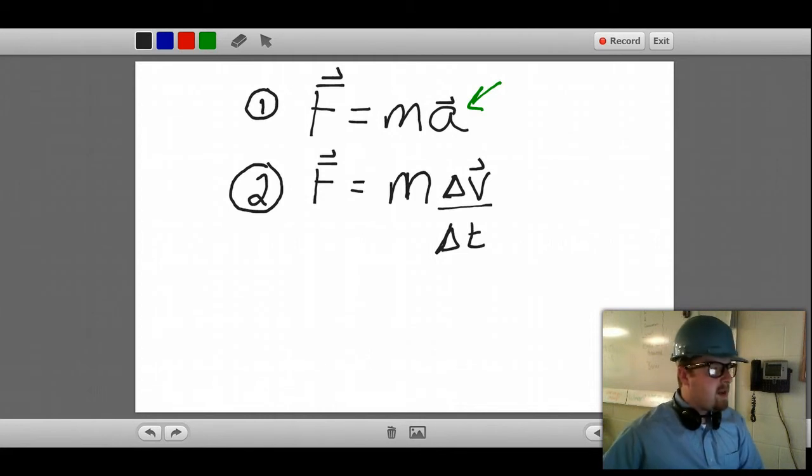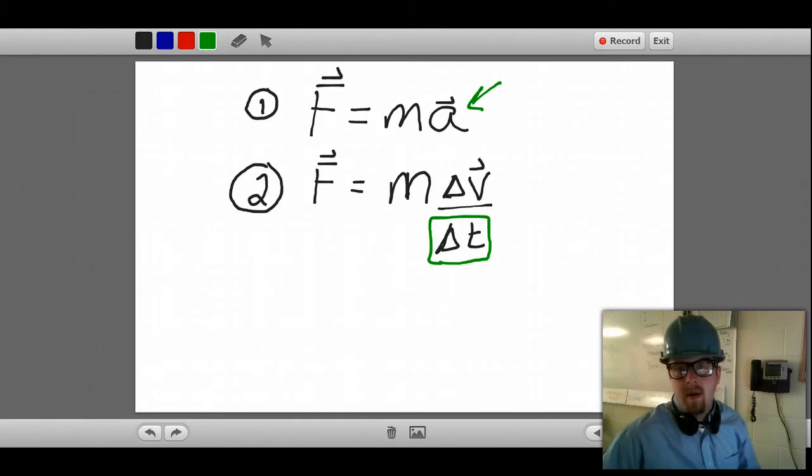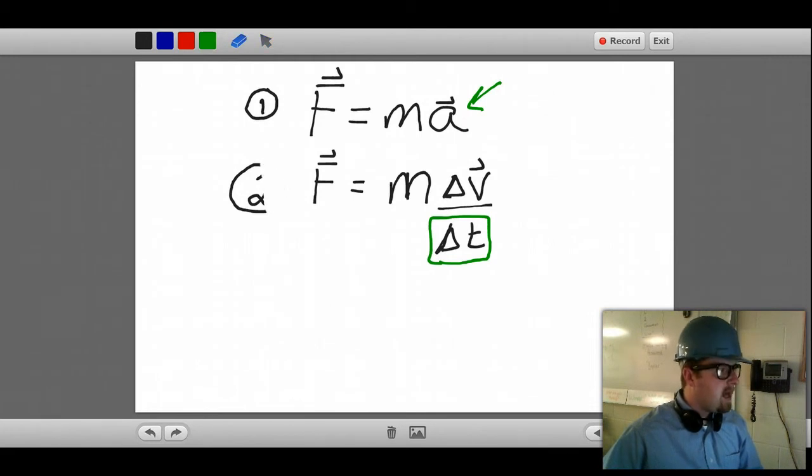Now, the third step would be to get rid of the fraction, or move delta t to the other side of the equation, in order to get everything in a nice linear representation. To do this, we multiply both sides by delta t.